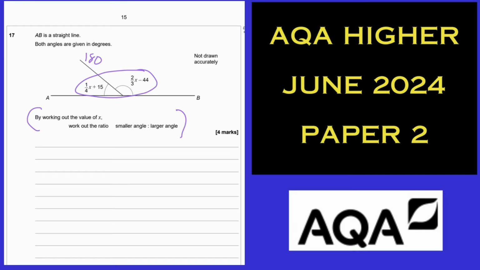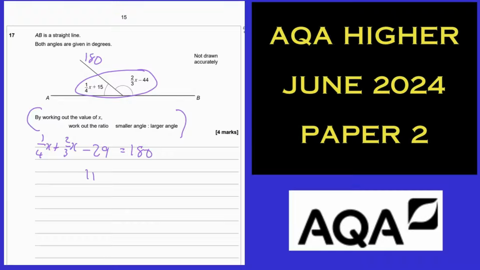Well, if we add the numbers together, we get negative 44 plus 15, so we get negative 29. And if we get a quarter added to 2/3, we can get that on our calculator. Whoops.